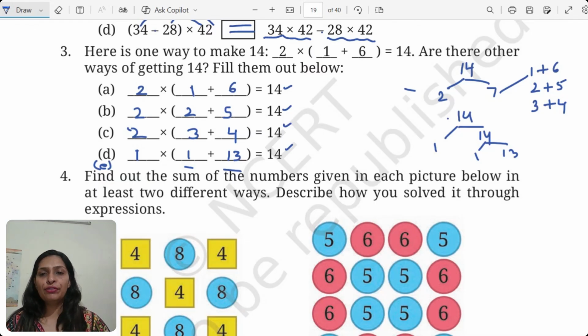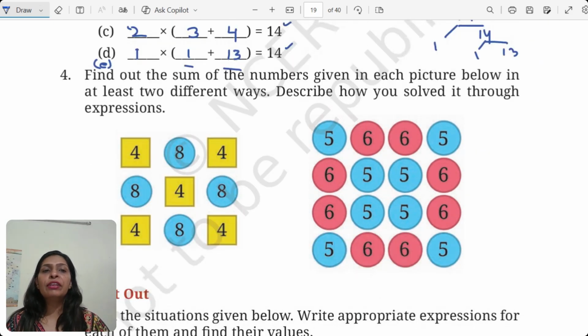Moving to question number 4 now. Here we are given a picture. Find the sum of the numbers given in each picture below in at least two different ways. So one possible way is to check how many 4s there are: 1, 2, 3, 4, 5.